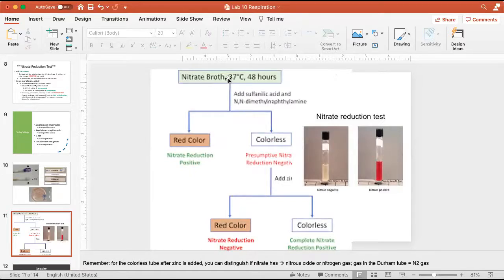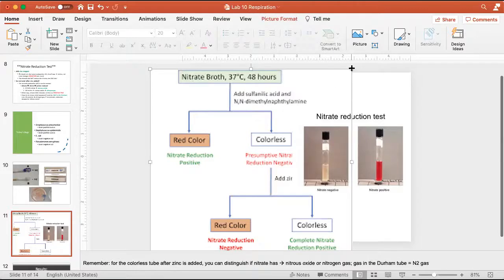Remember, we inoculate this nitrate reduction broth, which is just a nutrient broth that has been supplemented with nitrate. We inoculate it with each of the organisms. We incubate it for 2 whole days, and then we read it. Take it out of the incubator and add reagent A and reagent B. These are the names of each one of those reagents, but don't worry about that.